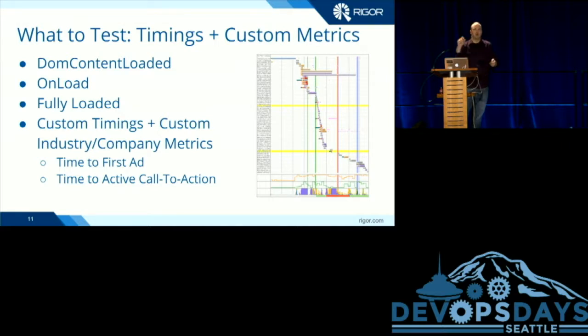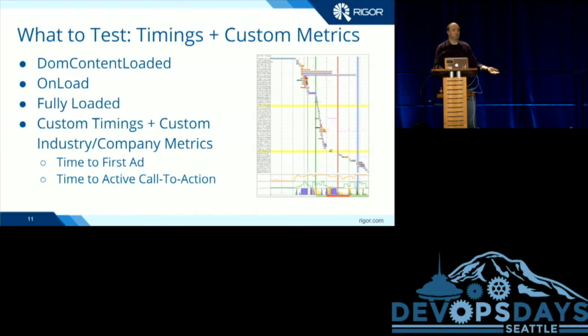I want to know, when does this div that's going to contain an ad paint? Well, it's really easy in your JavaScript to just say, hey, I'm about to make a call to the third-party ad provider and measure that, and then, hey, I got the response back. Let me calculate how long that took. So that's what custom user timings let you do in the browser, and it lets you align and track more businessy metrics than events the browser's just spitting out.